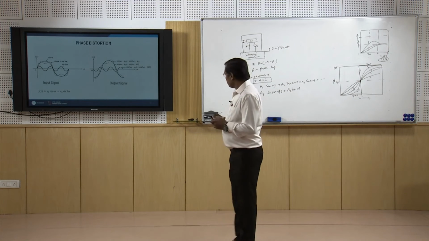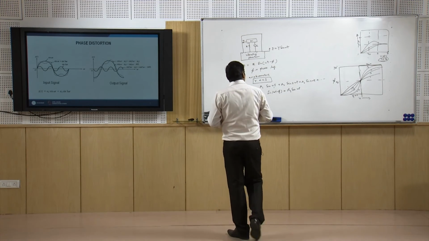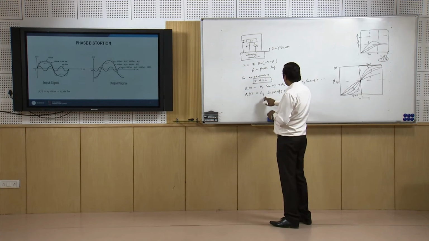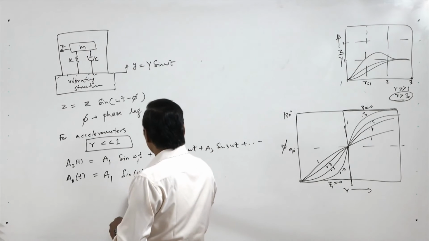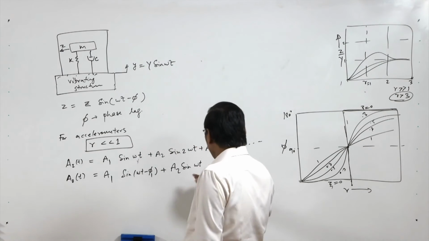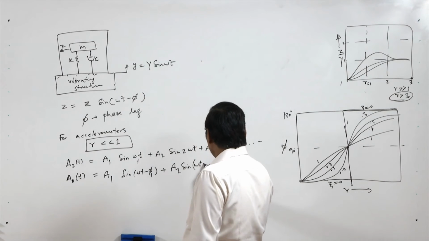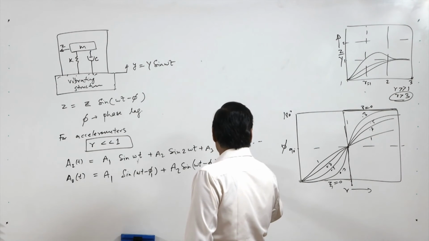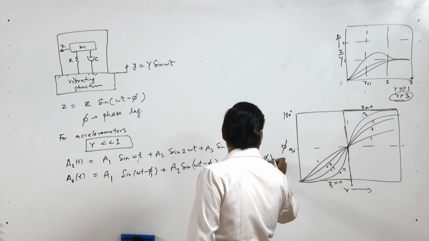So the relative response closely follows the input or vibration response. So the amplitude is okay, we are getting A1, A2, but we are getting this phase shift.